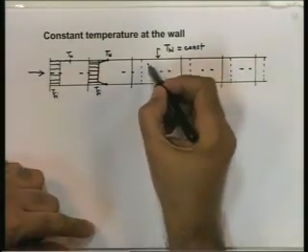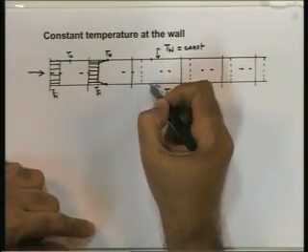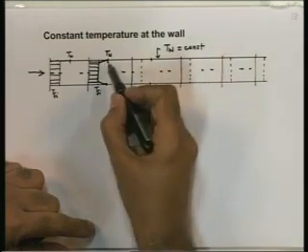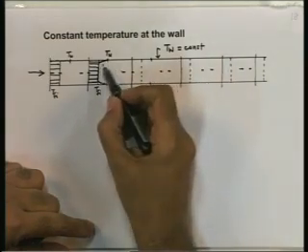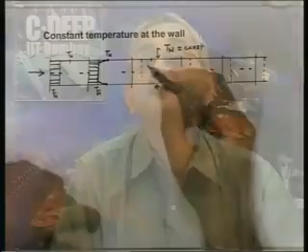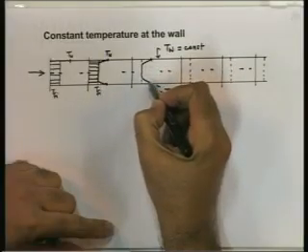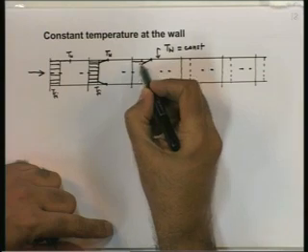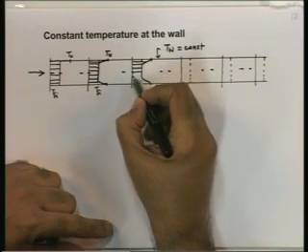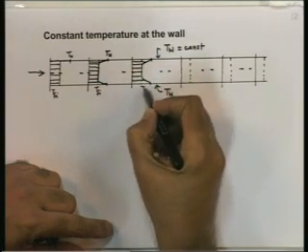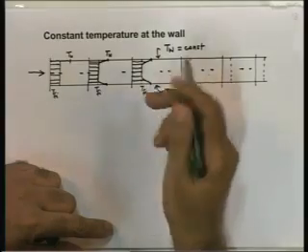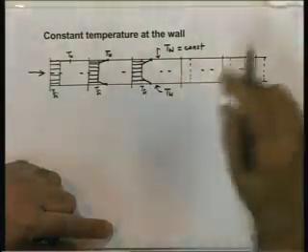After some more distance, a larger layer near the wall would have been affected by the hot wall, and we will get a profile perhaps something like this. The flat region where temperature continues to be almost equal to Tfi would have narrowed down.